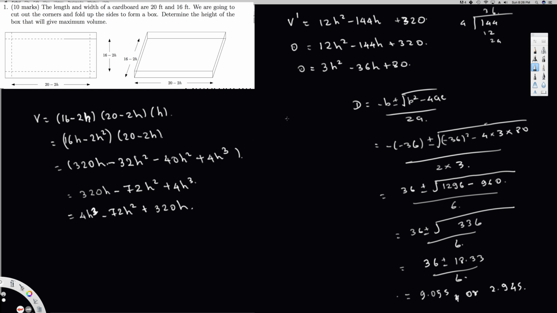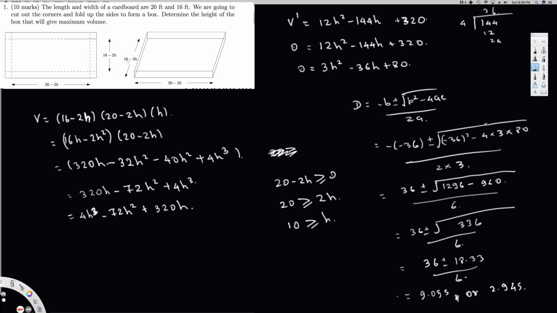It should be greater than 0. Therefore, 20 minus 2h should be greater than 0, so 2h is less than 20, therefore h is less than 10.